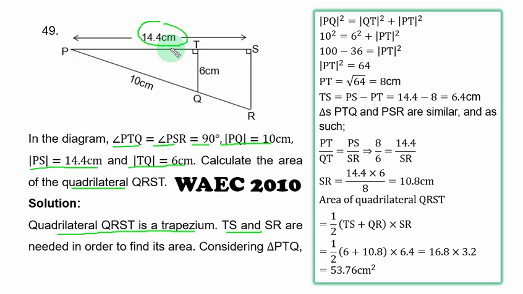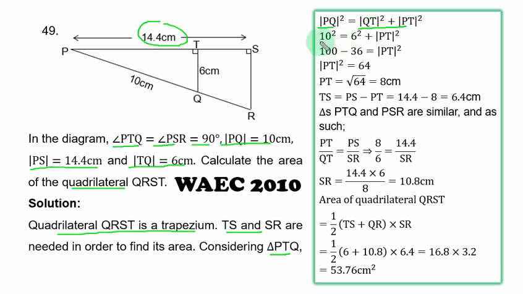To get PT, we have to consider triangle PTQ using Pythagoras rule. It is a right-angled triangle, and you have PQ as the longest side. So square on PQ is equal to sum of squares on the other two sides.